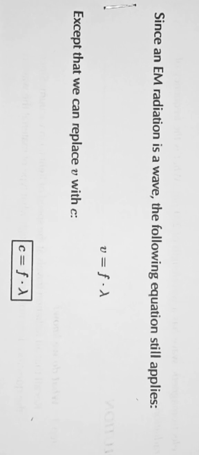Since EM radiation is a wave, the following equation still applies: velocity equals frequency times lambda, except that we replace the V with the C. So C equals frequency times lambda. The constant speed is the C, which replaces the velocity.